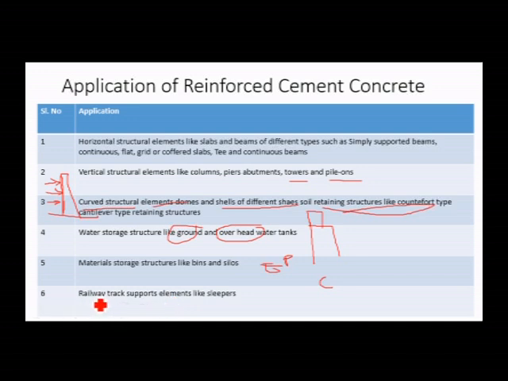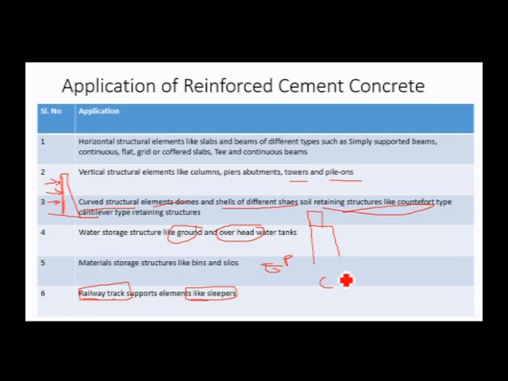It is also used for railway track support elements like sleepers, which are used to support the track, and reinforced concrete rock bearings for supporting bridge girders, box culverts, and water transmission structures like pipes and aqueducts.